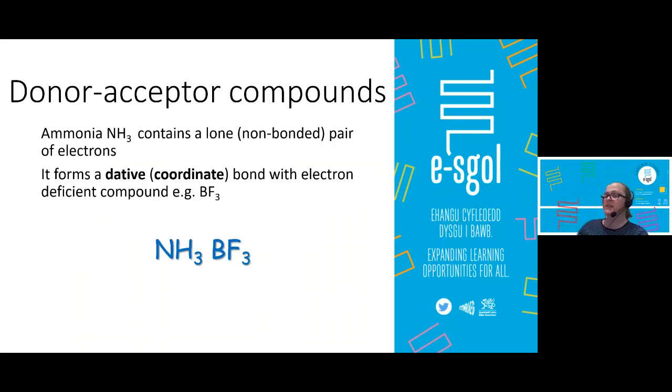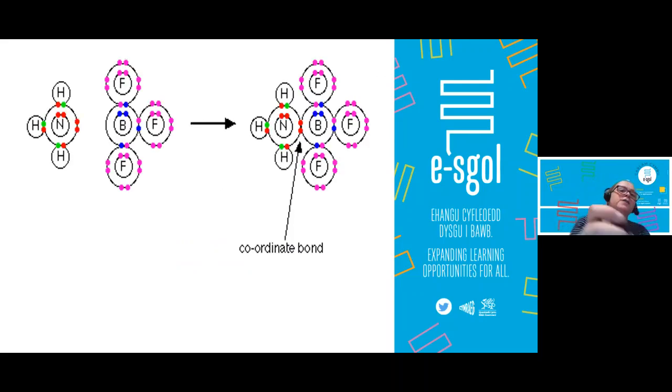Okay, so just to recap on something else that you hopefully came across in Unit 3, which is this donor acceptor compound. One of the most common donor acceptor compounds you'll come across is that between ammonia, which has that lone pair on the nitrogen, and the electron deficient compound boron trifluoride, BF3.